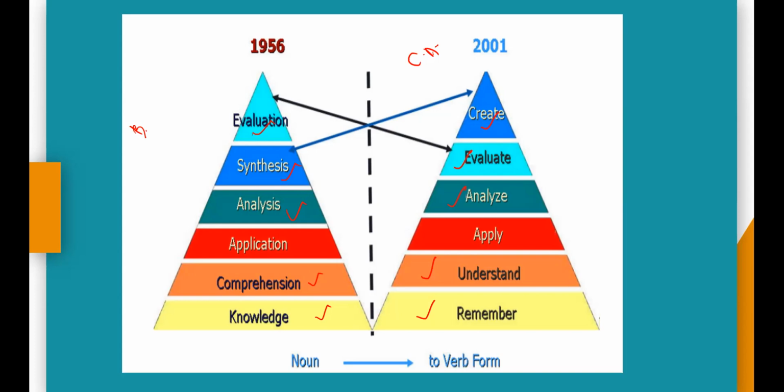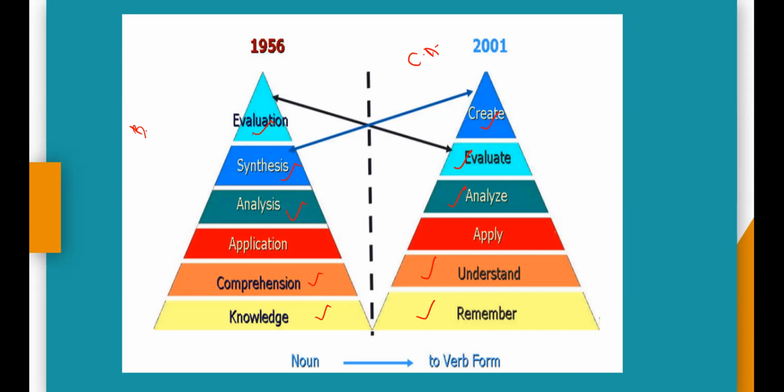But in Anderson and Krathwohl's taxonomy, they are speaking about remembering. Here, remembering means recognizing or recalling knowledge from memory, based upon the experiences of the learner. They are not asking about the previous class, what they have learned; they are asking about the previous knowledge they have about the topic.